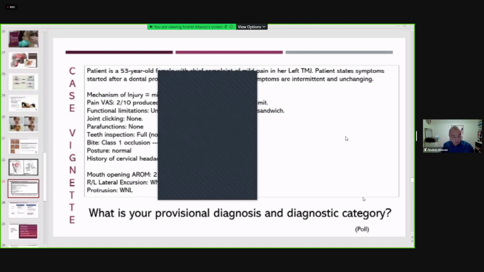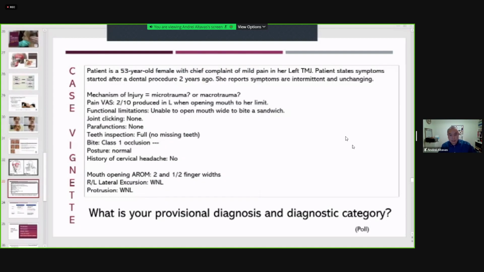Now, to further investigate whether it's a joint problem, you'll need to do a compressive test. I would consider this more of a special test. You'll have 2 tongue depressors, or maybe just 1, and have the patient bite.